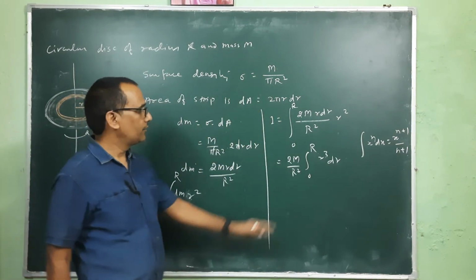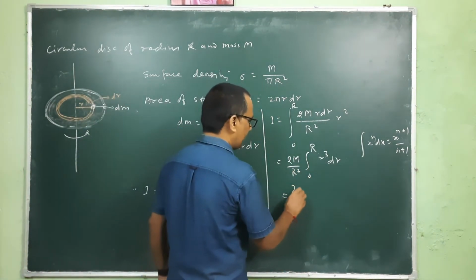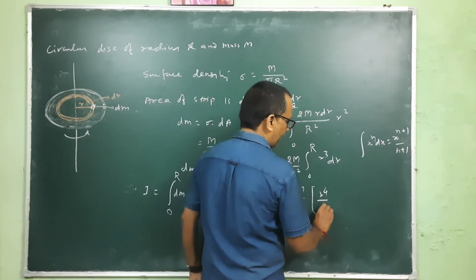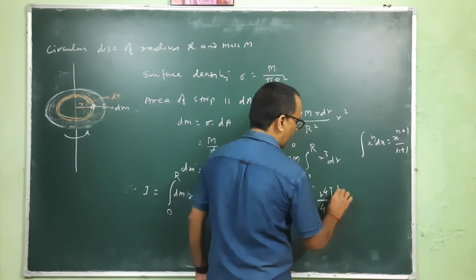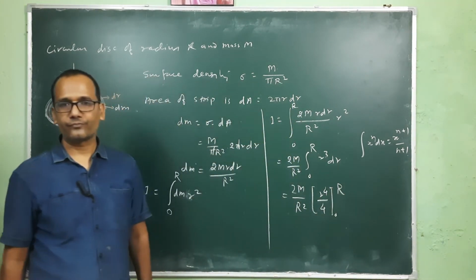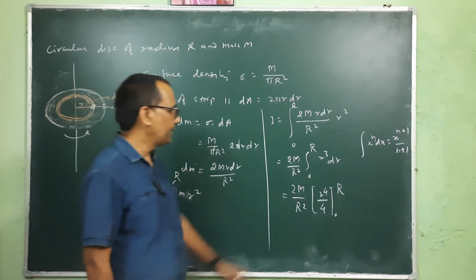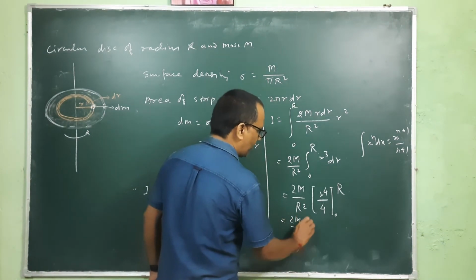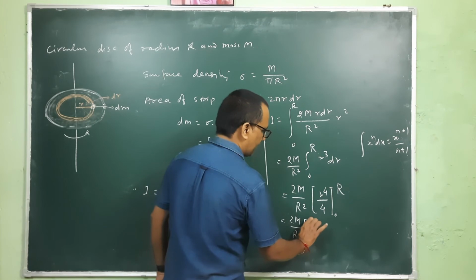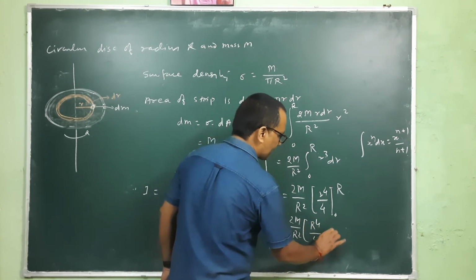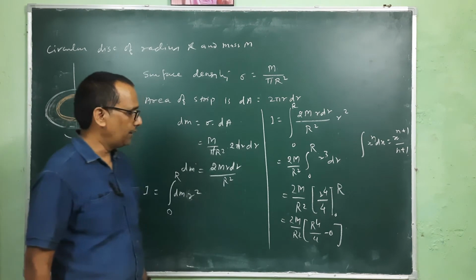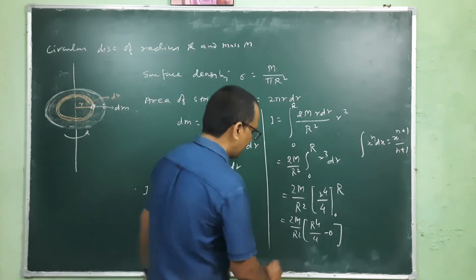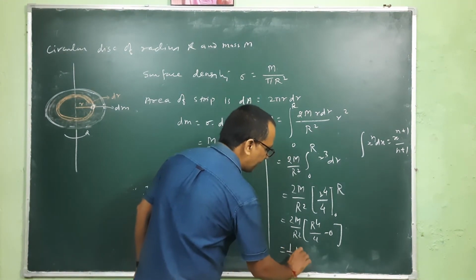So this is 2M by R square times r to the power 4 by 4 from 0 to R. Putting the limits, it is 2M by R square times R to the power 4 by 4 minus 0. Then R square can be cancelled, 2 can be cancelled, and this is equivalent to half M R square.